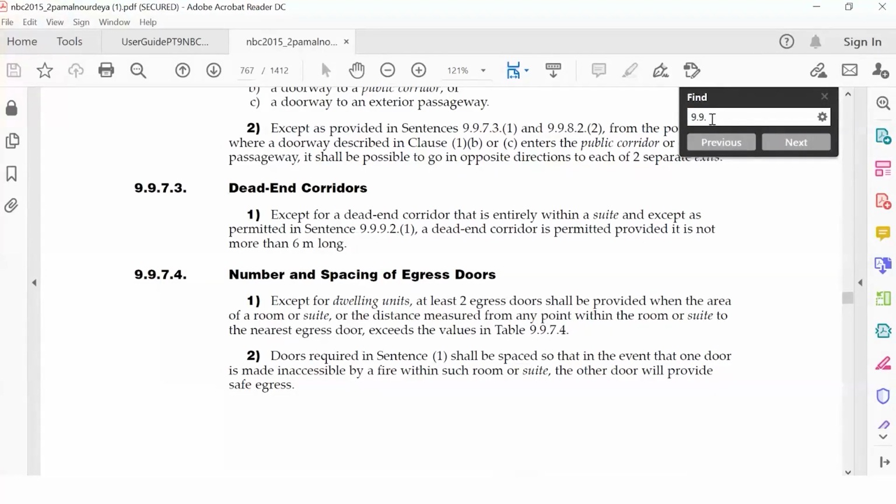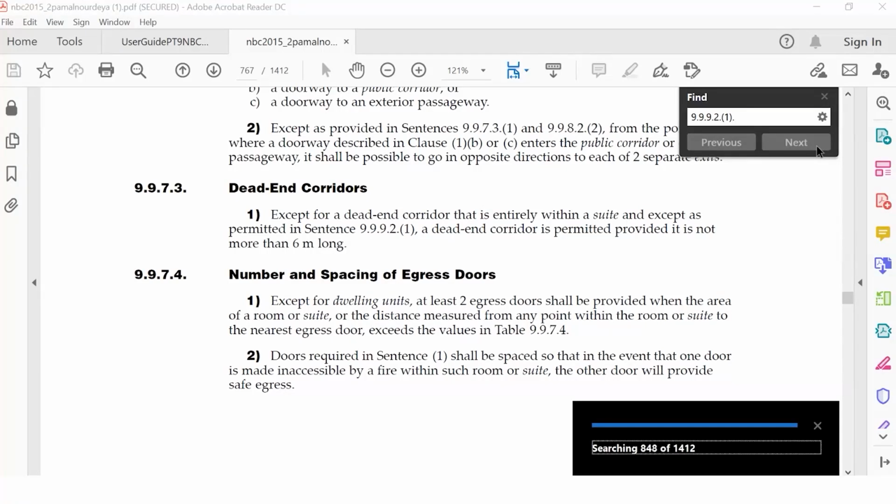Let's double check what 99.21 is. Did I put something wrong? Maybe it doesn't like this 1 point here.